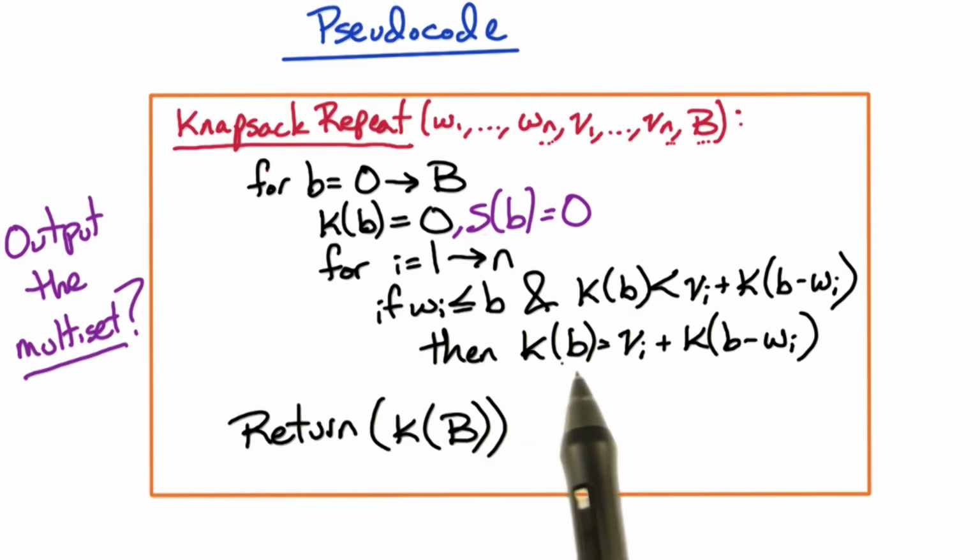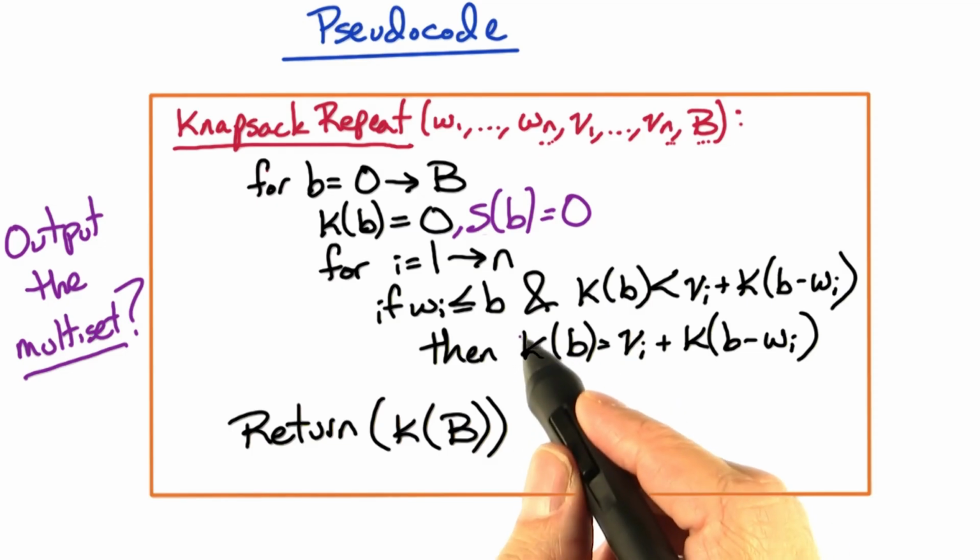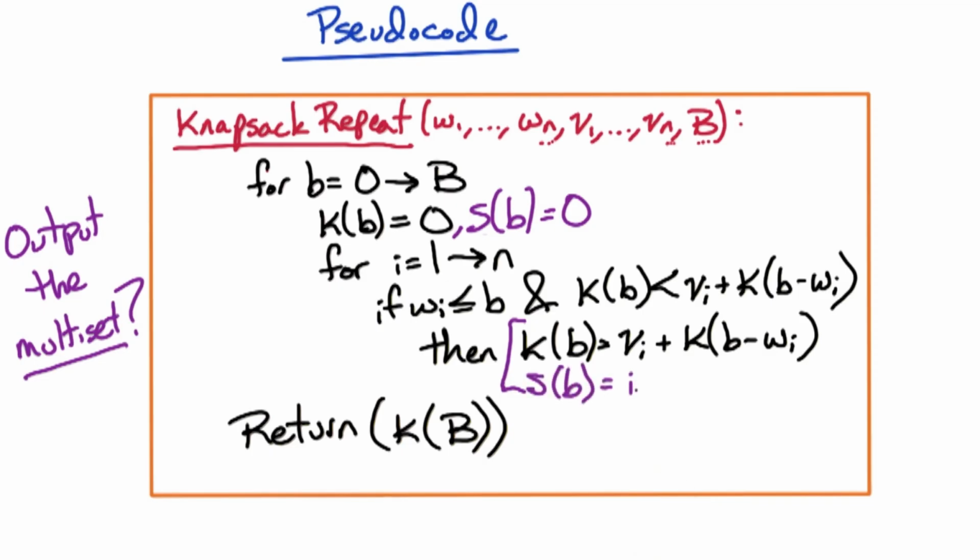And then when we update our current solution, so when we get into this if-then statement, then we set S of b to be i, corresponding to the optimal solution for this subproblem being obtained by adding object i and then recursing on this smaller subproblem. Now we can use this array S to backtrack, and so we can use it to produce a multiset which obtains the maximum value. The details of that backtracking are similar to what we did for longest common subsequence.